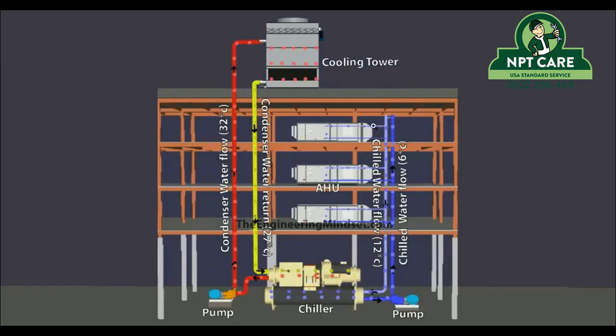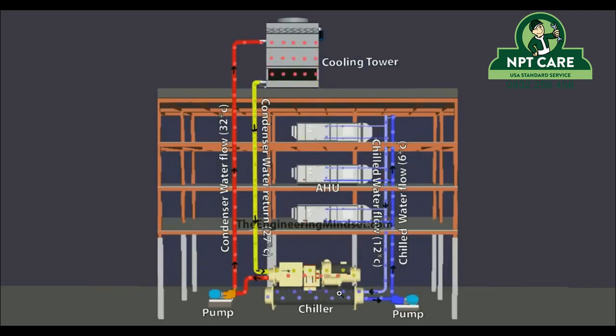And this heat is then returned back to the chiller. It's returning here at about 12 degrees. By the time it leaves the chiller again, it will have given up 6 degrees Celsius worth of heat, so it's leaving at 6 again. So it leaves at 6, comes back at 12, and this cycle repeats and repeats.